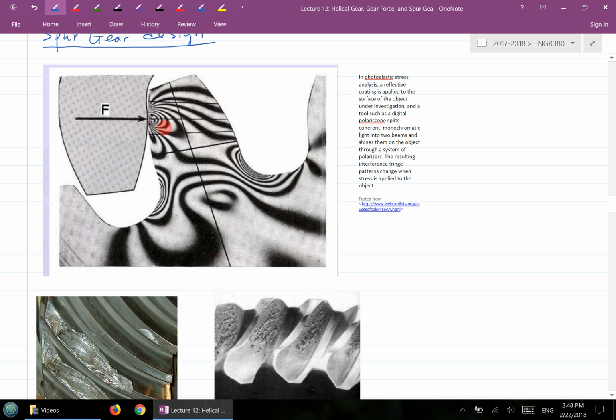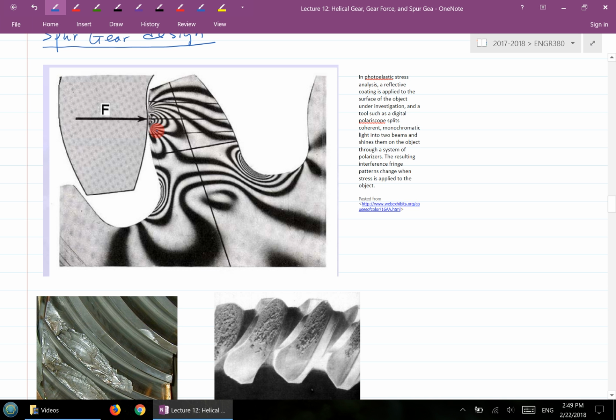You'll see a cluster of interference or fringe patterns here, and the density is different. The pattern of the density indicates where the maximum stress will occur when two teeth are engaged, pushing each other. So that's one way of doing the analysis.